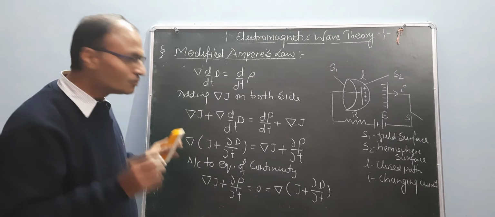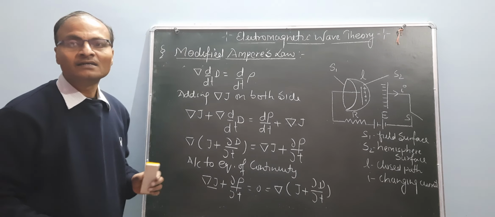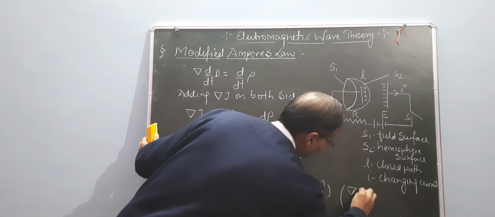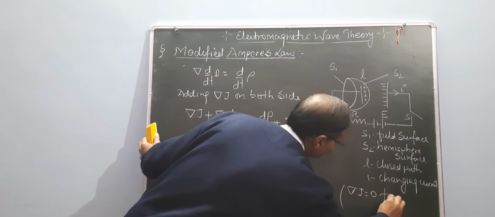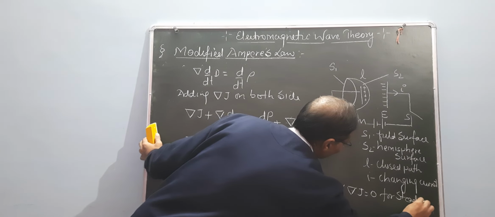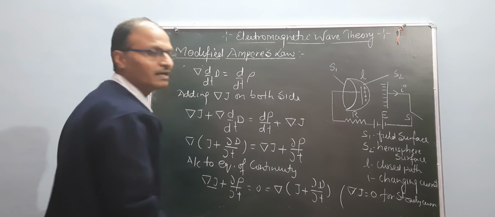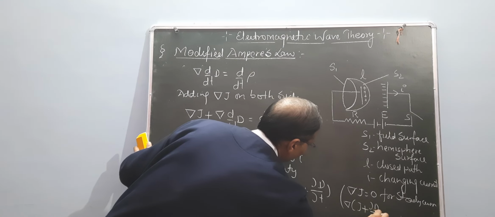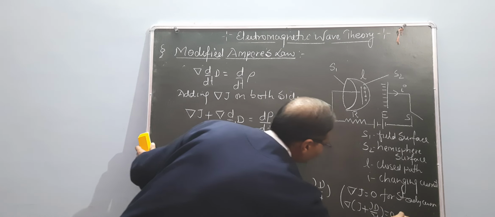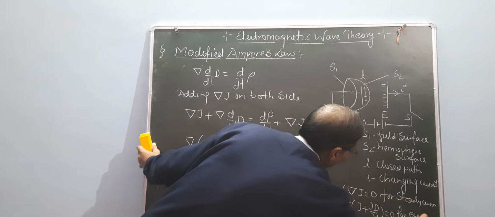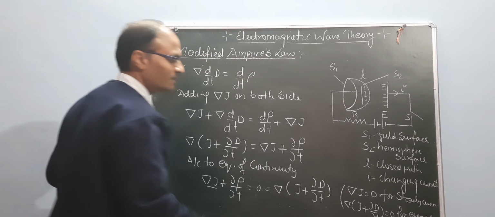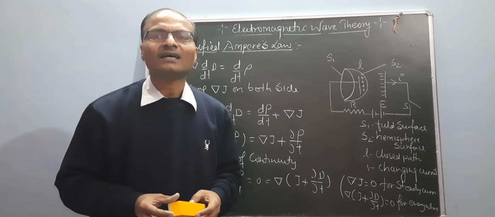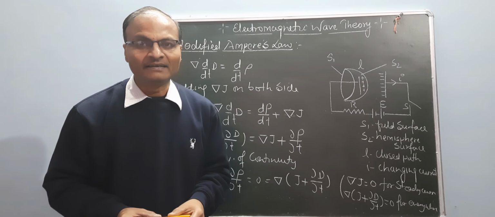Del dot J equals 0 for steady current, and del dot of J plus del D over del t equals 0 everywhere, for steady state current as well as current corresponding to time varying fields.